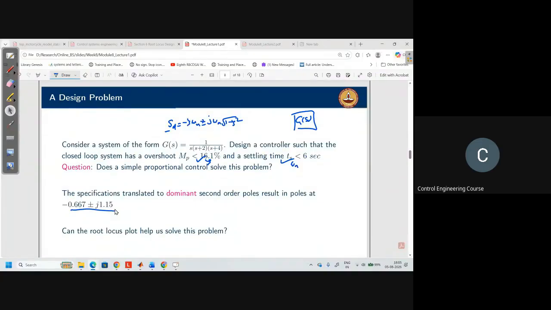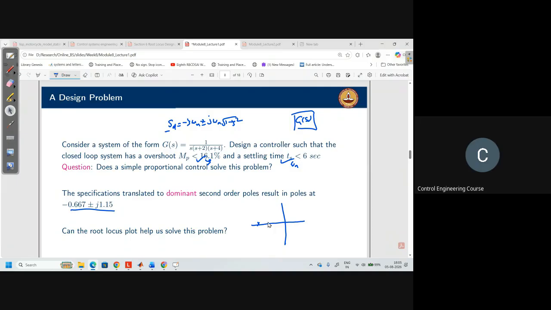Now, before going to models like PI, PD, or lag or lead compensator or anything, the first step is we have to look at whether a simple proportional controller is enough to solve this problem. How do you know whether the proportional controller satisfies this? That means you first draw a root locus for the given open loop transfer function.